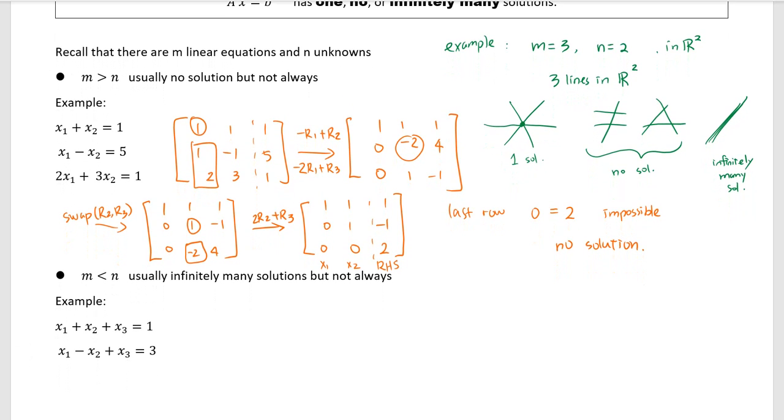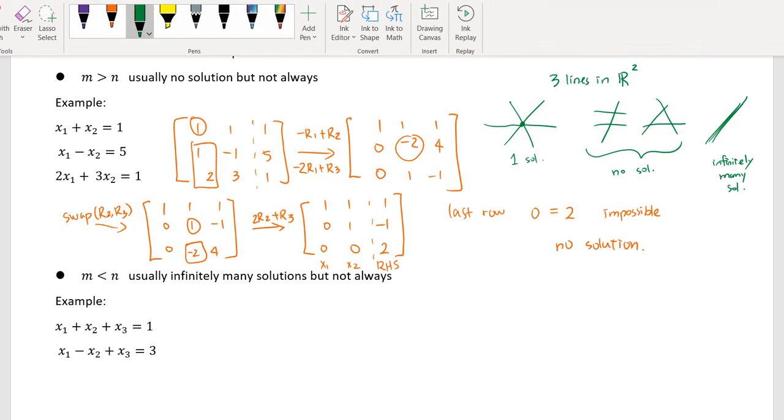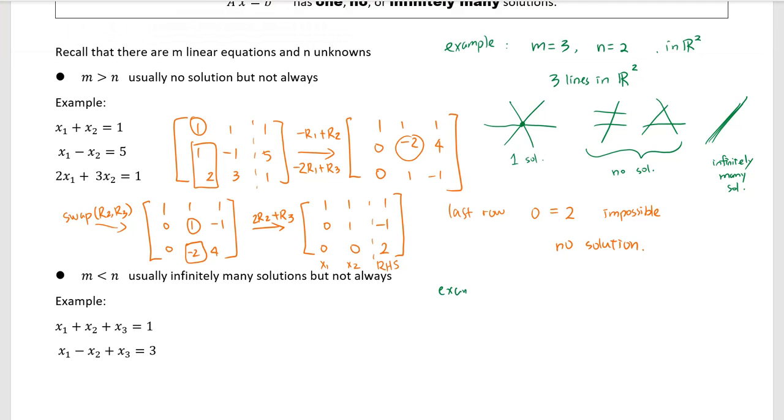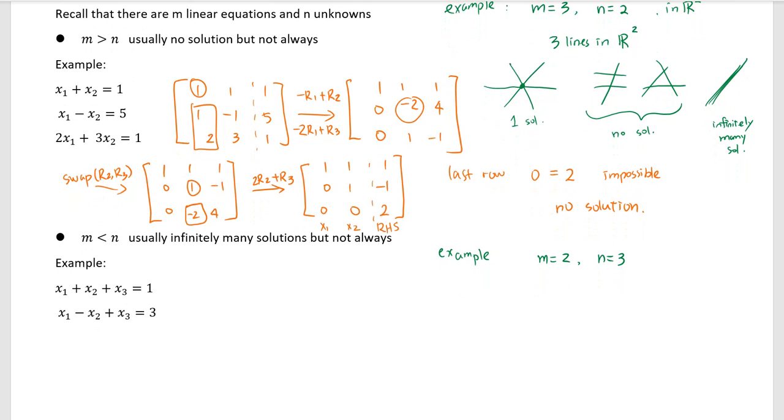So when m less than n, what happened? Well, think about some example. Let's say m equals 2, n equals 3. Then n equals 3, so we are in R3.